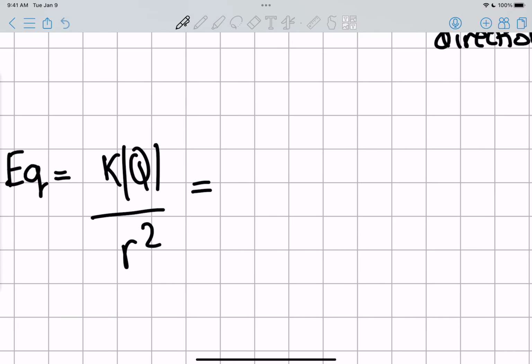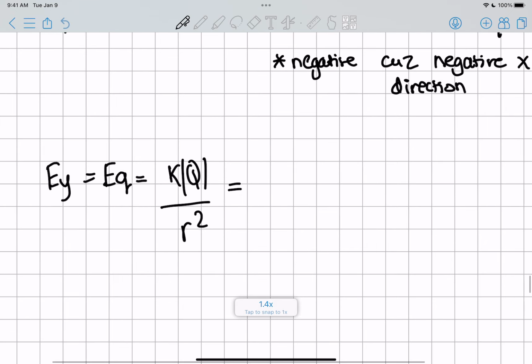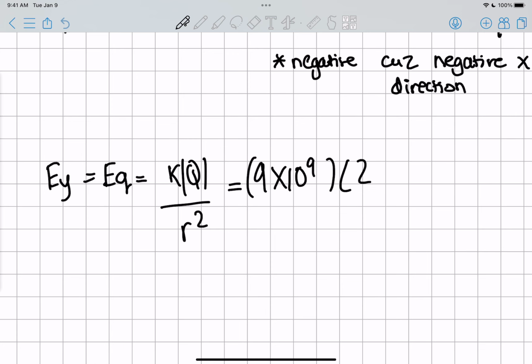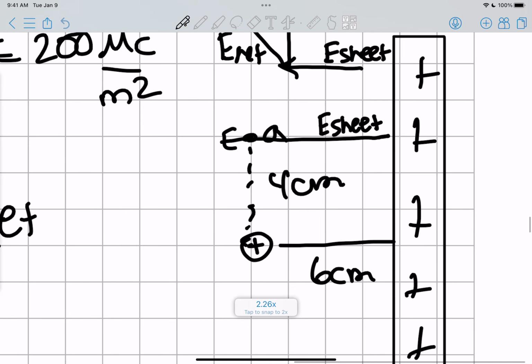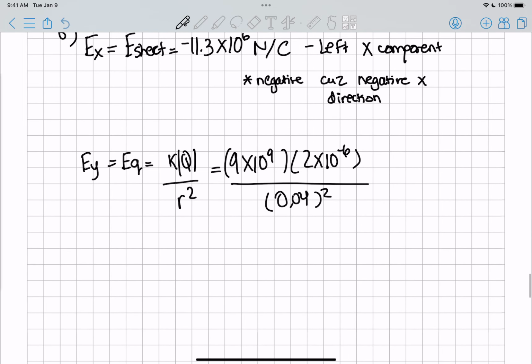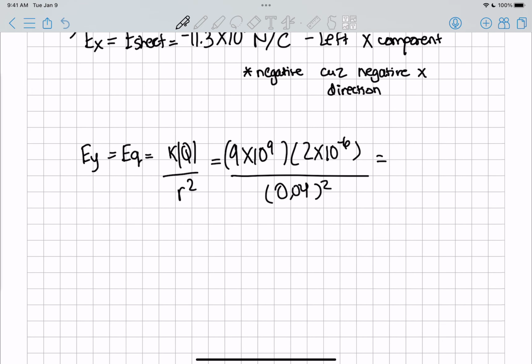So 9 times 10 to the 9th, multiplied by that charge, 2 times 10 to the negative 6 coulombs, because 2 microcoulombs, and divided by R squared, and that is 4 centimeters, so 0.04 squared, because the distance between A and that positive Q charge is 4 centimeters. And that gives us EY or our EQ here. It just so happens to be the exact same value, 11.3 times 10 to the 6 newtons per coulomb, at least based on the key.